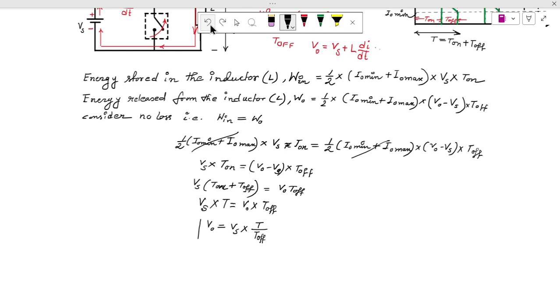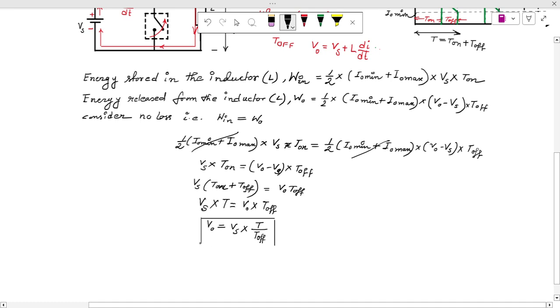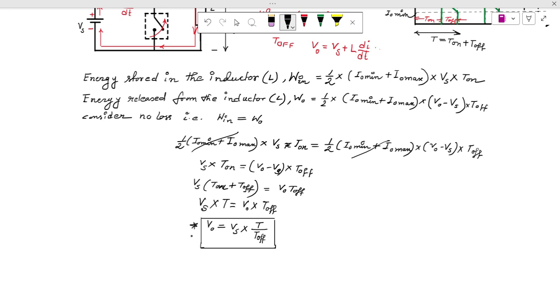This is the important formula, and you must give it 3 stars.